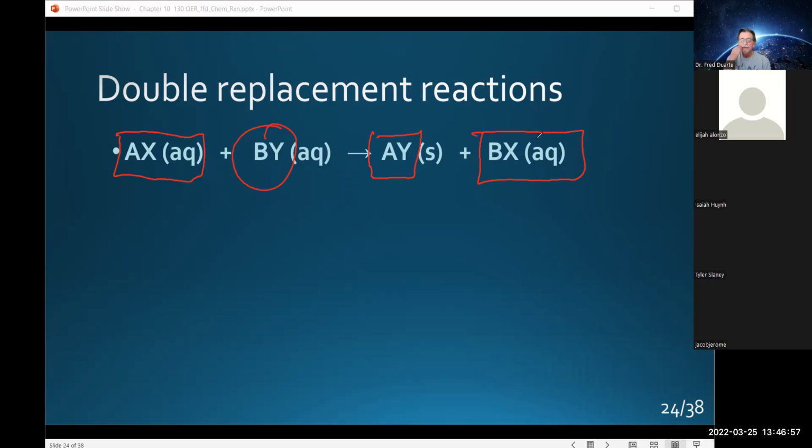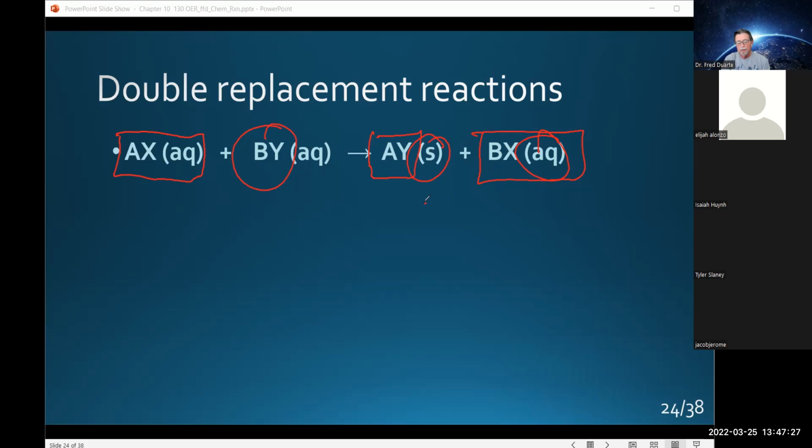Now, based on the solubility rules, BX is soluble, okay? So it stays in solution. On the other hand, the new compound that was created is classified as insoluble based on the solubility rules. And therefore, in this general example of a double replacement reaction, AY is insoluble. Therefore, this reaction occurs, okay?